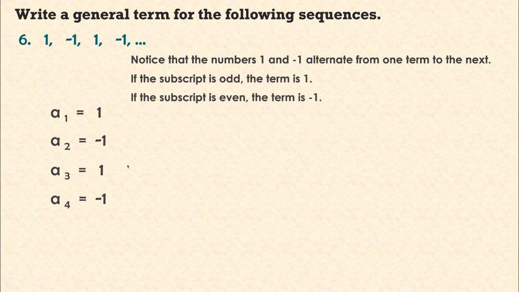If the subscript is even, the term is negative 1. So here, the subscript is 2, it's even. Therefore, the value of the term is negative 1. The subscript here is 4, it's also even. Therefore, the term is negative 1.